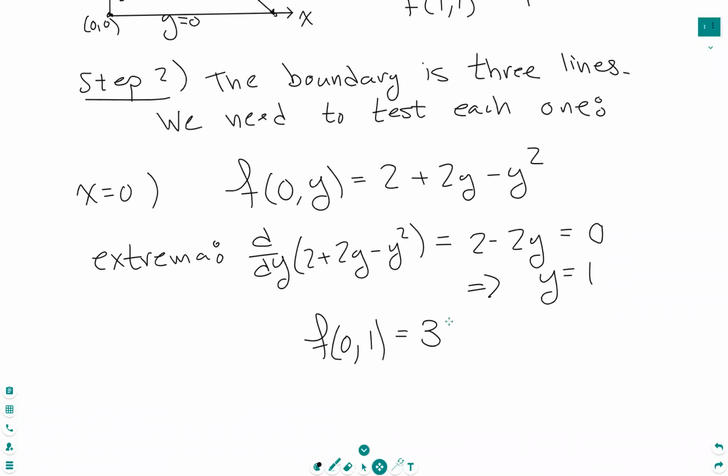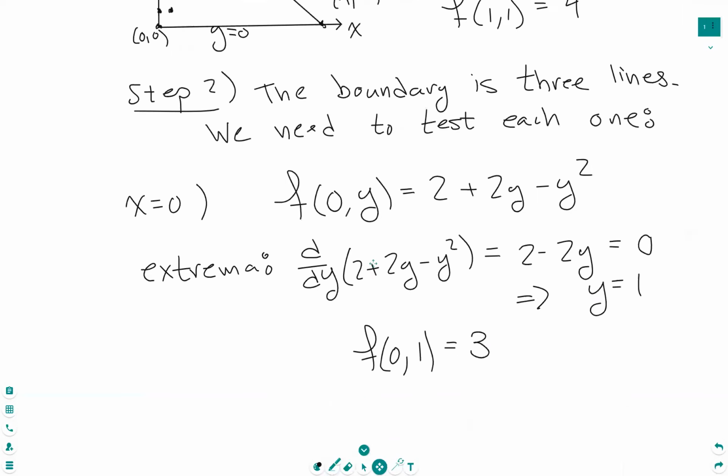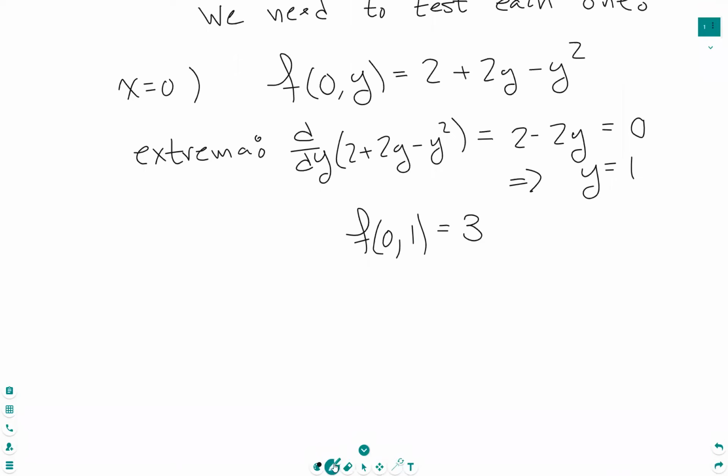We're still not done with this line segment. Just like the Calc 1 case, we need to test the endpoints. On our line segment we found x equal to 0, y equal to 1, maybe somewhere right here, but we still need to test the endpoints to see if they're larger or smaller than our critical point along that line. So we test the endpoints.